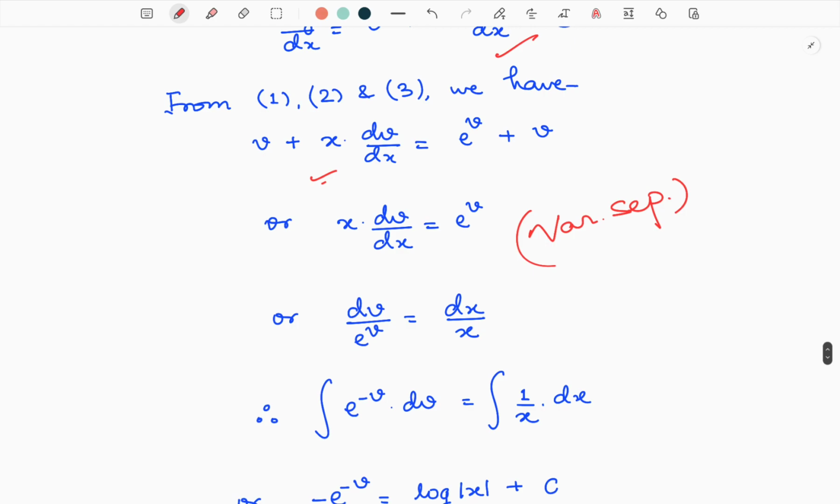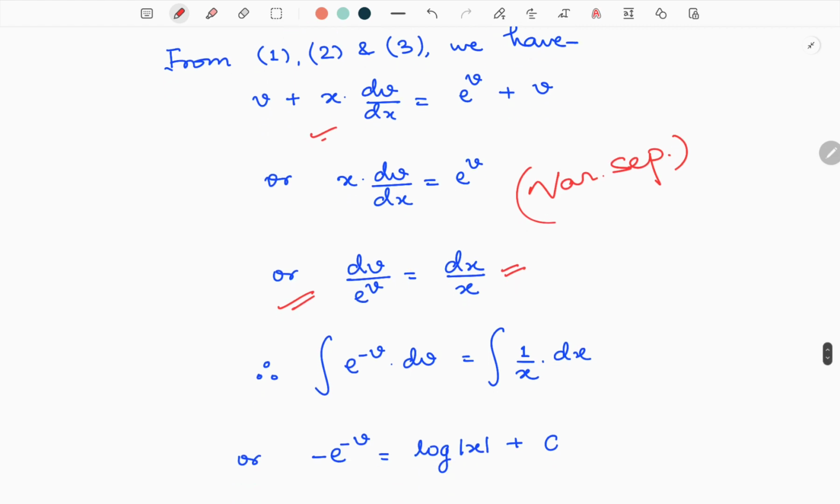What we are getting after separation is dv by e to the power v is equal to dx by x. Now, integrating both sides, we will get the integral of e to the power minus v dv is equal to 1 by x integral dx.